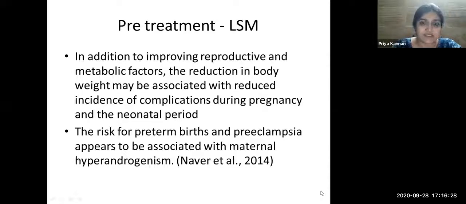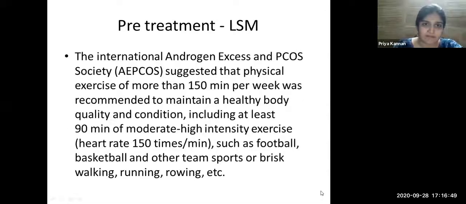The risk of preterm birth and preeclampsia, as published in a big paper, is associated with maternal hyperandrogenism. So the moment we are able to at least reduce that a bit, it directly impacts the reproductive function and the health of the baby.